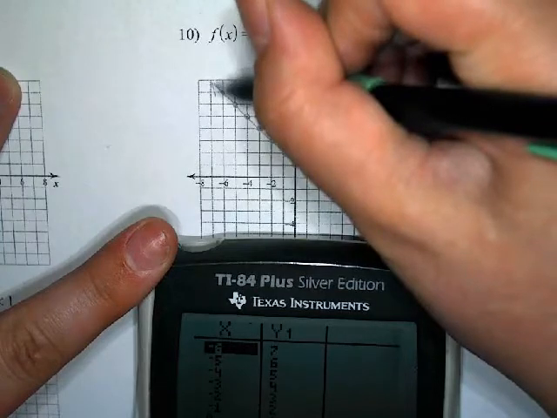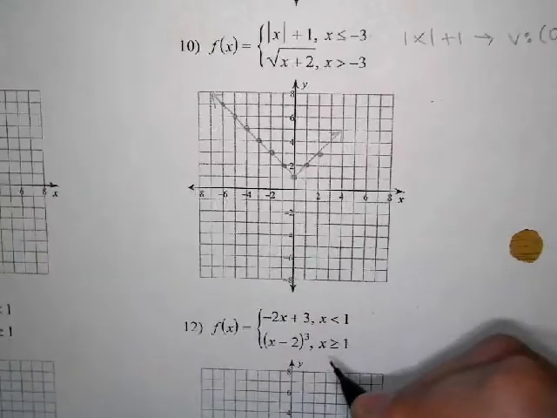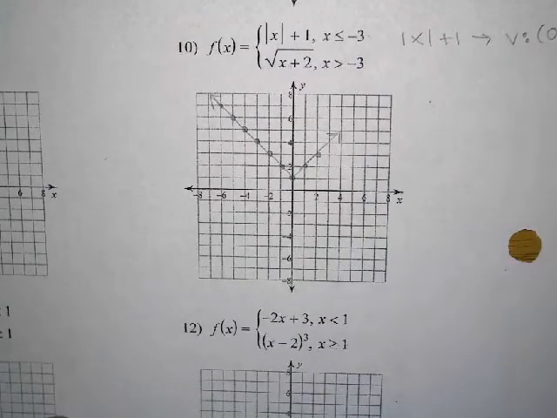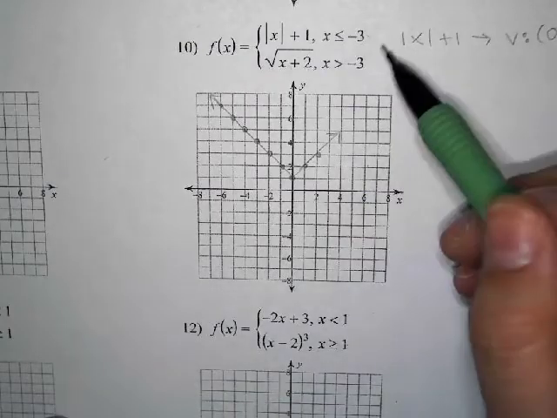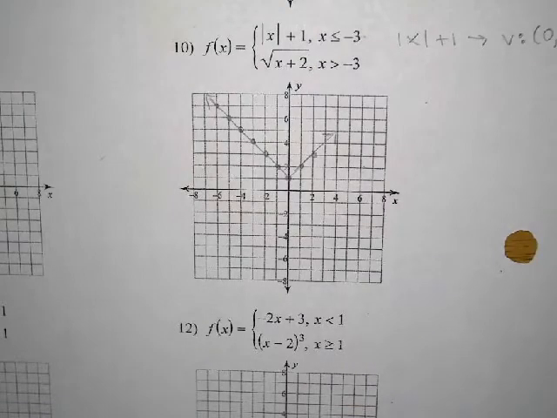Okay? And so now that I have this, I'm just going to find where the x value is -3.